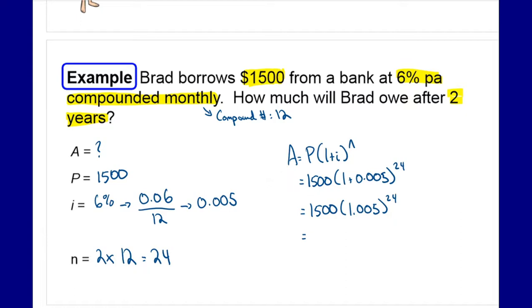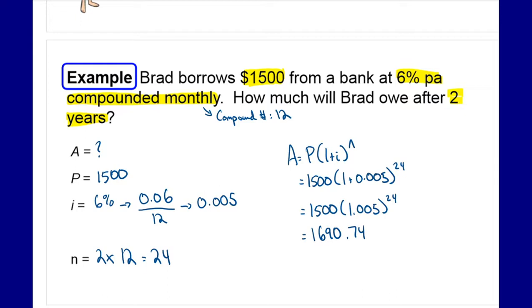You'll get a very, very high number that probably won't make sense in terms of saving money or owing money over 2 years. Right, so again, you do have to follow BEDMAS, so just be mindful of that when you're solving. If you're using your phone, chances are you probably have to do the exponent term first, and then multiply. If you're using a scientific calculator, as long as you enter it correctly, it should be okay.